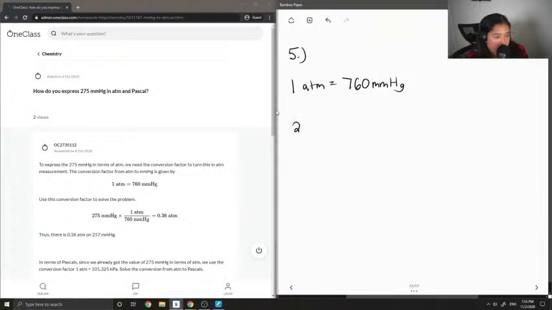So if you have 275 millimeters of mercury, I'm going to multiply by the conversion factor. Whatever units I'm looking for will be on top, and the units I'm trying to get rid of will be in the denominator. Then if we divide, we end up getting 0.36 ATM.